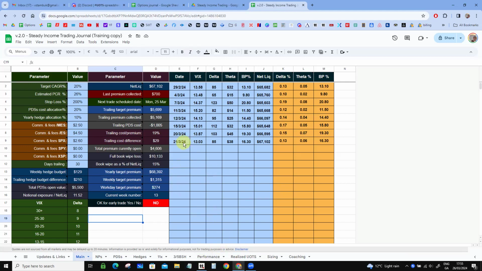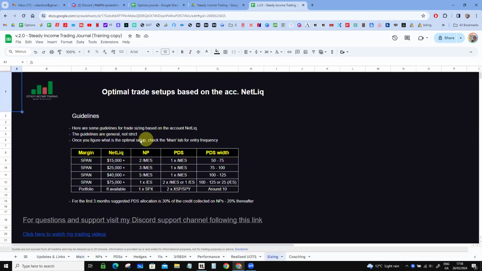It doesn't really matter. There is no strict rule, and if you like to trade more often, you might decide to do just 3 MES, even though your account might be large enough to do 1 ES trade per week. So this is just a guideline to give you a starting point.